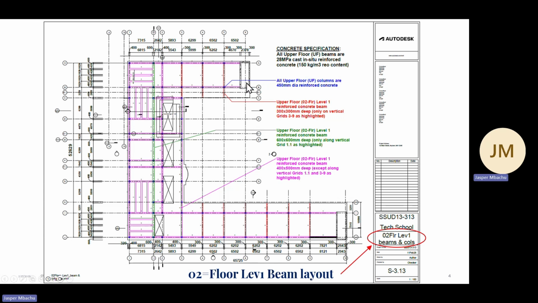And we still have the 300 by 300 only on grid lines 3, I think, on the vertical grid lines, on the first part of the plan, 3 to 5, 3 to 6, which is here, there, and there.